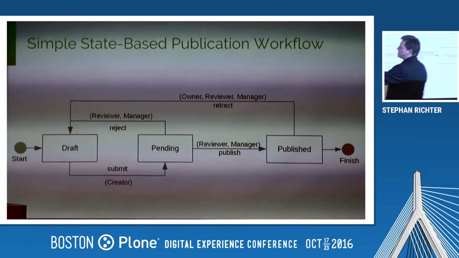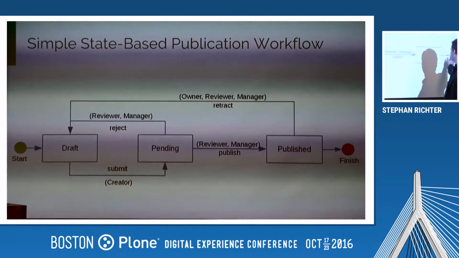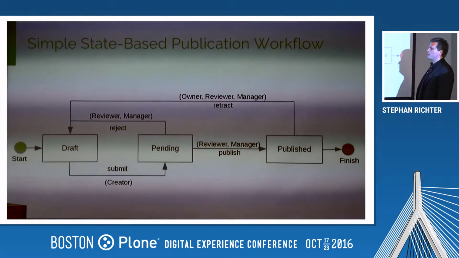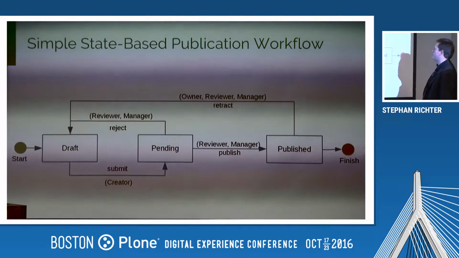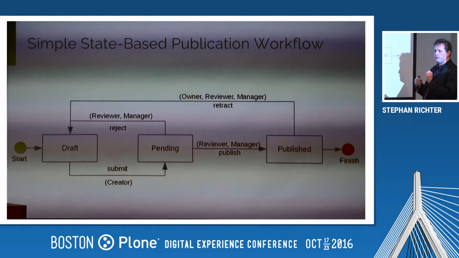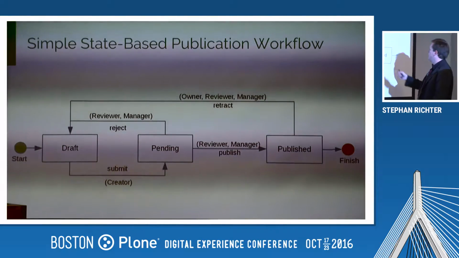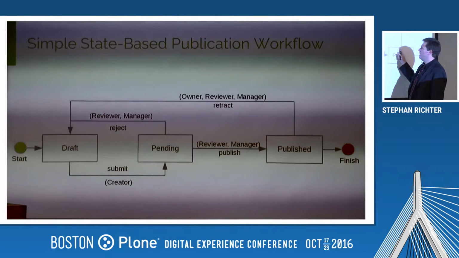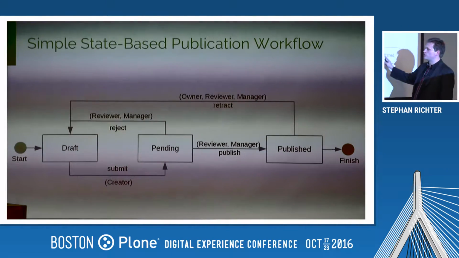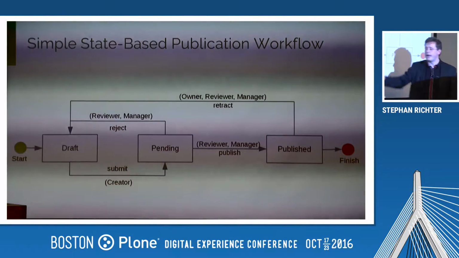Now, really the start and finish here makes no sense. I just did it so you know how to read it, and that it goes from left to right, because you're really maneuvering states, right? You don't think really about activities. Also very interesting, you can then take a published object and retract it back to the draft.